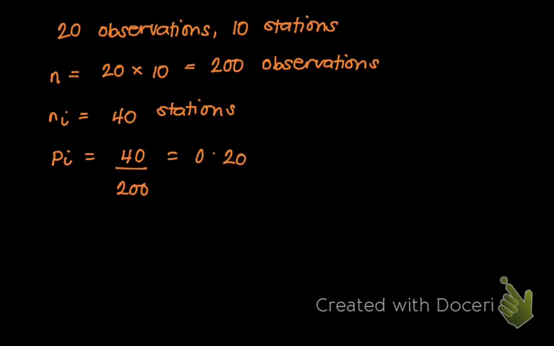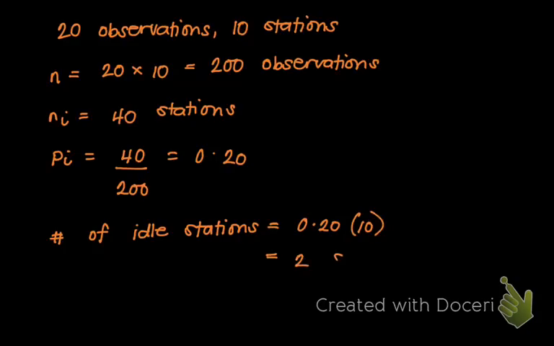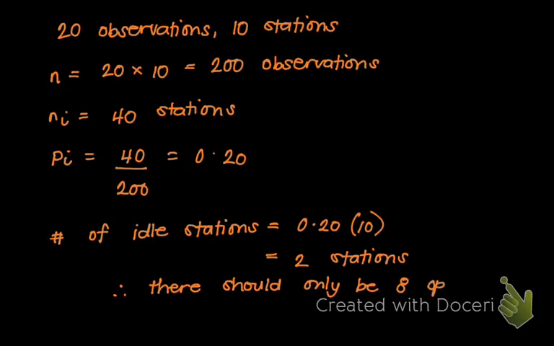So, therefore, the number of idle stations is yung 20% of the 10 stations or 2 stations. So, therefore, there should be 8 open stations.